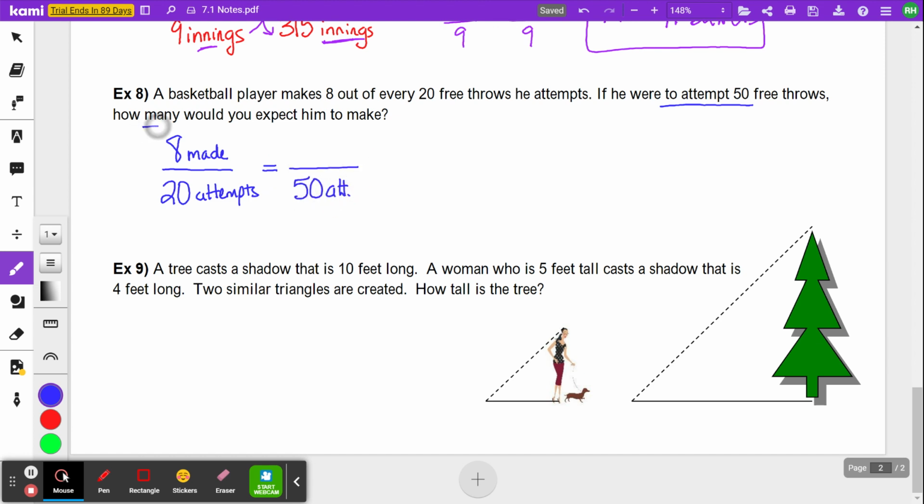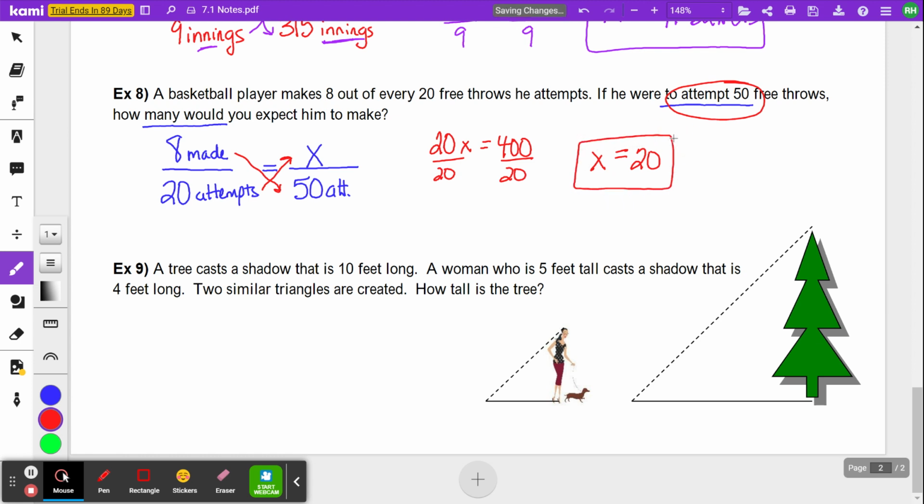How many would you expect him to make? So we don't know the made part up here. That's our x, our variable. Then you cross multiply and solve. X times 20 gives me 20x. 8 times 50 gives me 400. Divide by 20 on both sides. And x equals 20. So if he were to attempt 50, he would most likely make 20 of those shots.